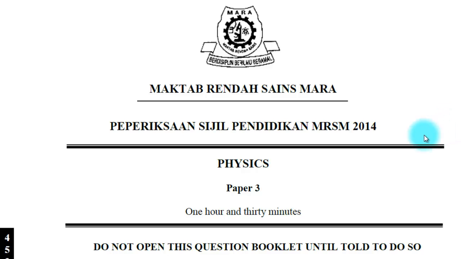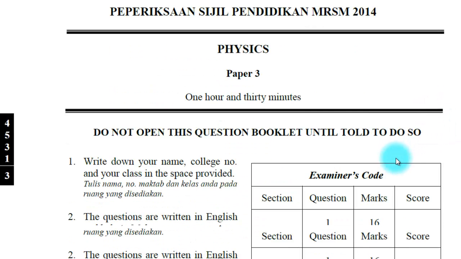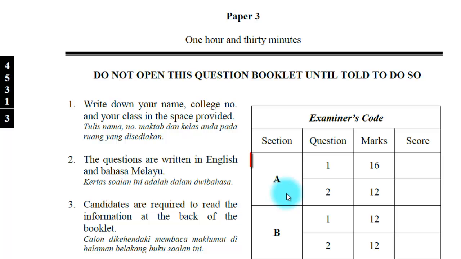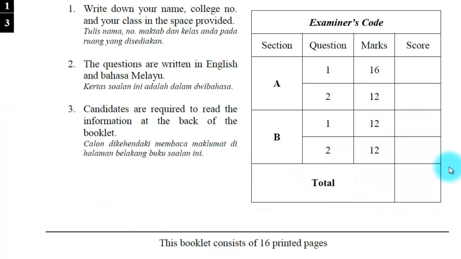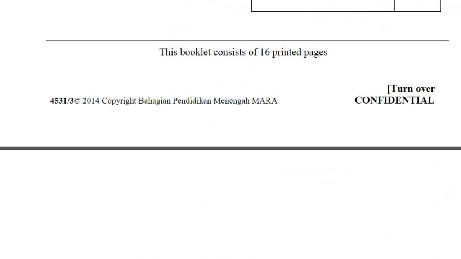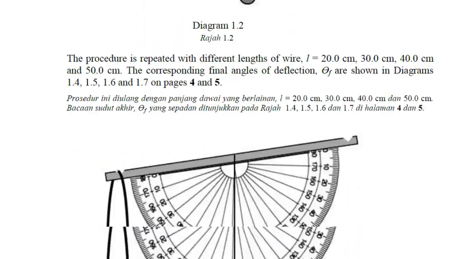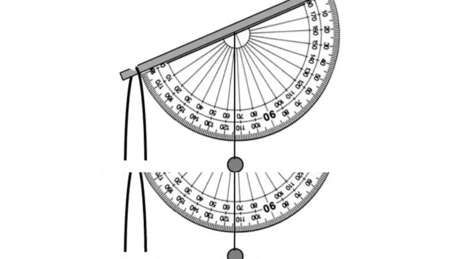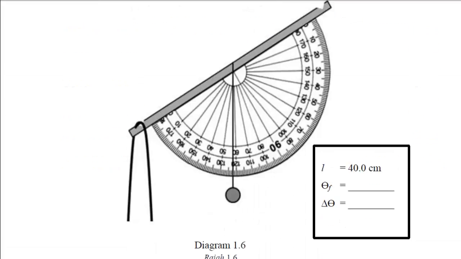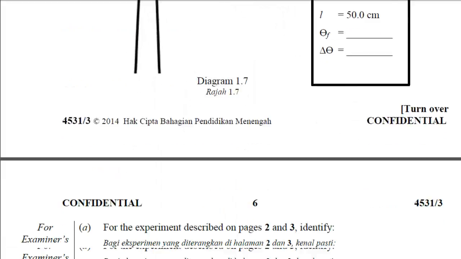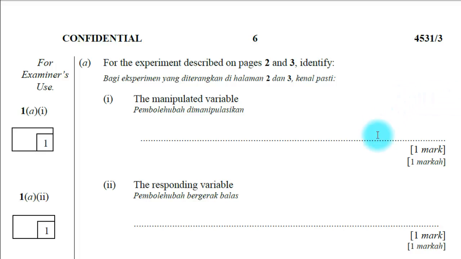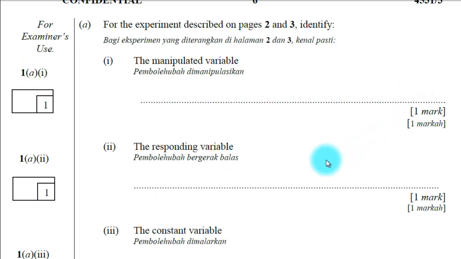Okay, MRSM 2014, focusing on section A, question number 1, 16 marks. This question will start by asking you to write the manipulated, responding and fixed variable, then followed by writing down the data in a table form like this.